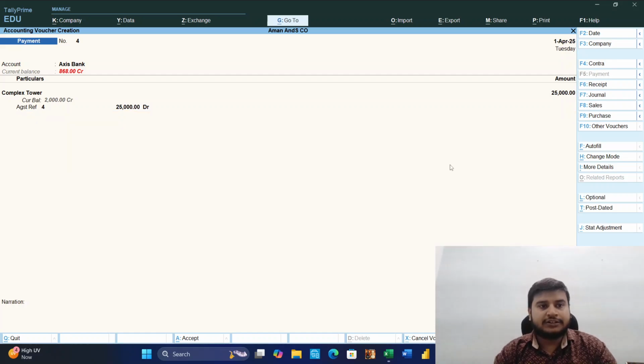We see a negative balance in our bank account, so we will reduce the amount to 20,000, so the bank will not go negative.